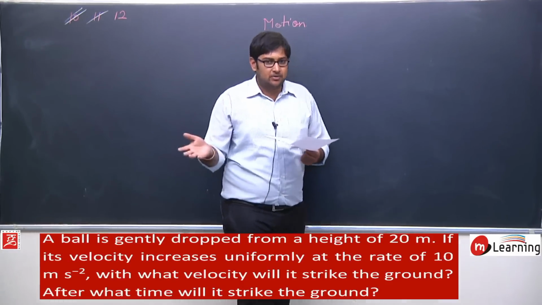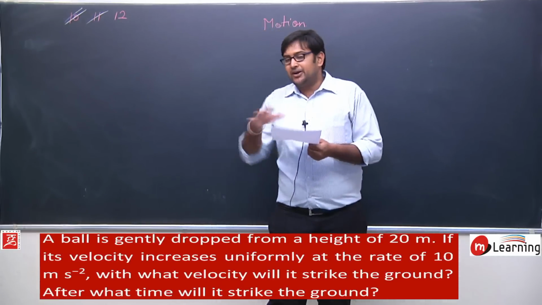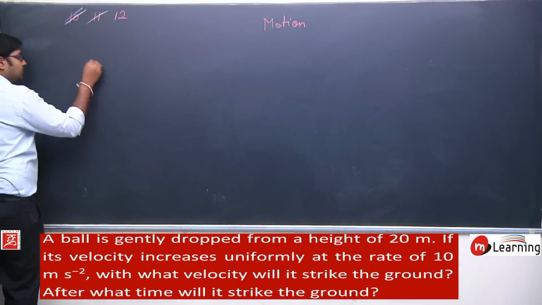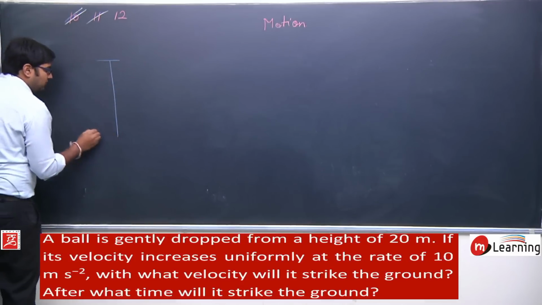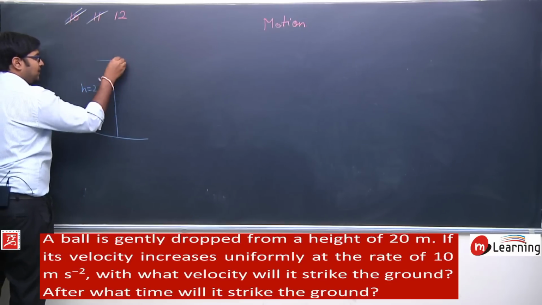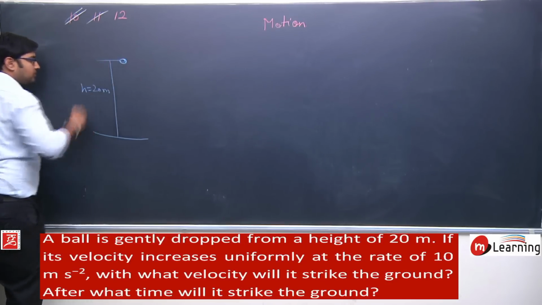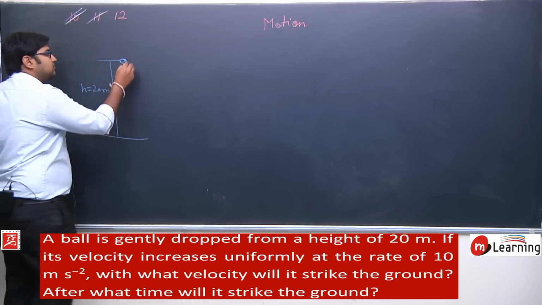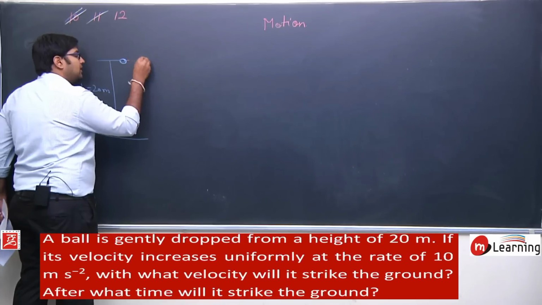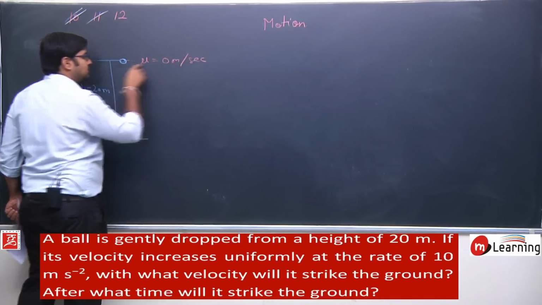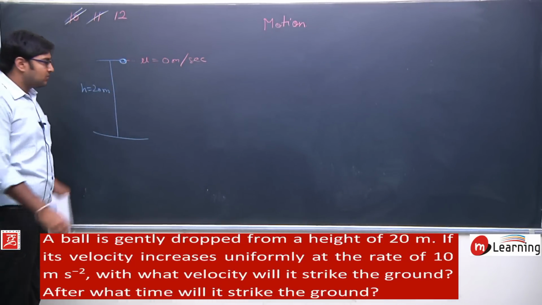We will learn that concept at that point of time, but for the time being we will simply understand that I am standing at a height of h which is 20 meters and I am dropping a ball from this point. So whenever I am dropping a ball, I will say that at this point of time the speed of the ball is 0 meters per second. Okay, because from this point I am dropping the ball.